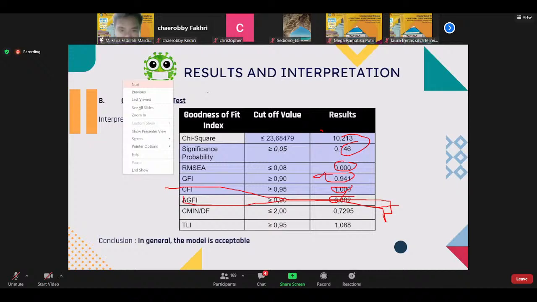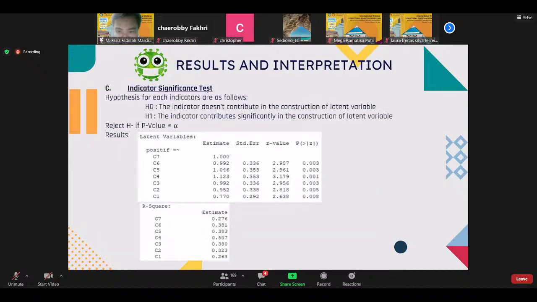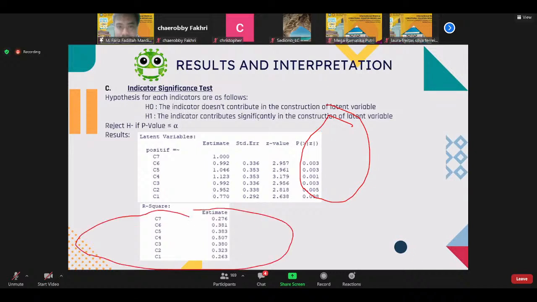In this case, all of the p-values are less than alpha, so we reject the null hypothesis. It means that the indicator contributes significantly to the construction of the latent variable, and this is the R-square value. Okay, this is the result related to the indicator significance test.